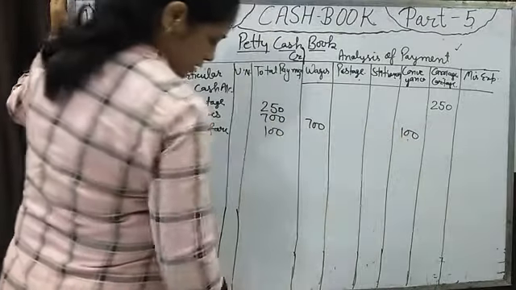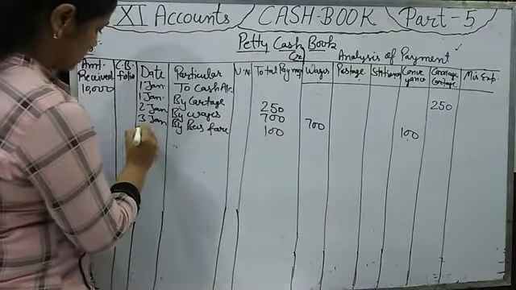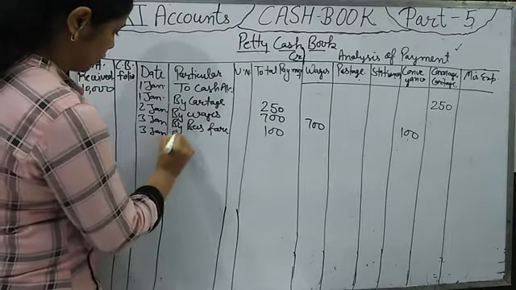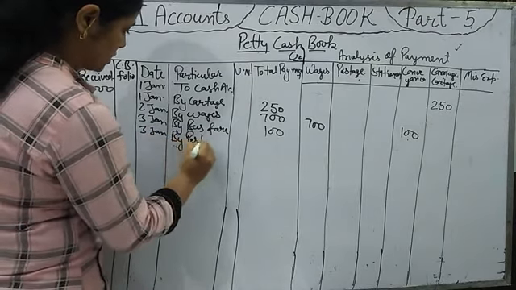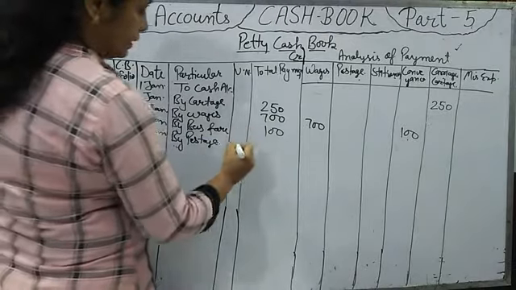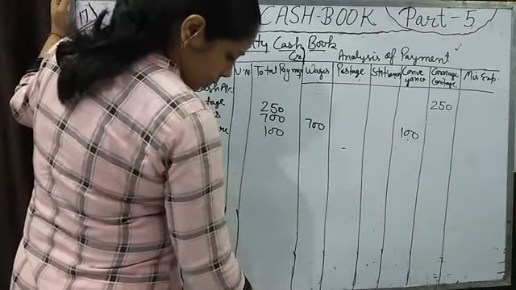Then postage, same on 3rd Jan, by postage, that we will write in the postage column, amount is 300.